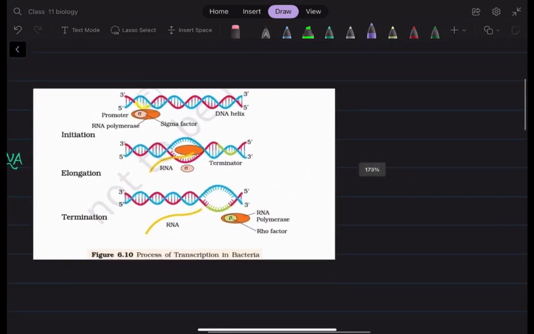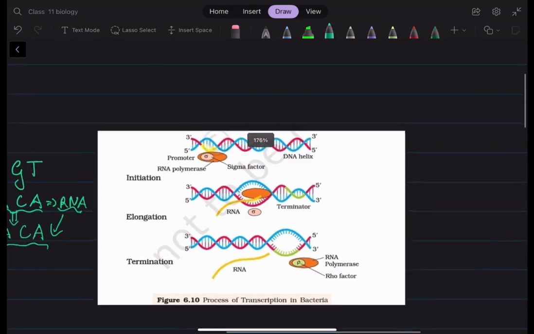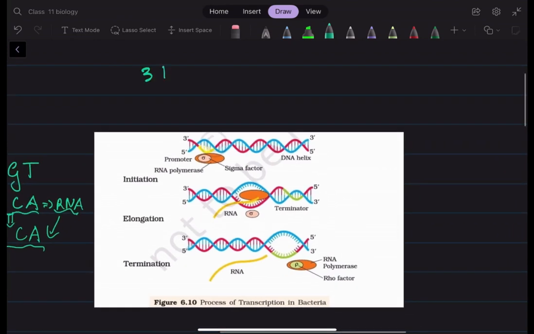Coming to the actual process of transcription in prokaryotes. In general, there are three types of RNAs. We have mRNA, we have tRNA, and we have rRNA.